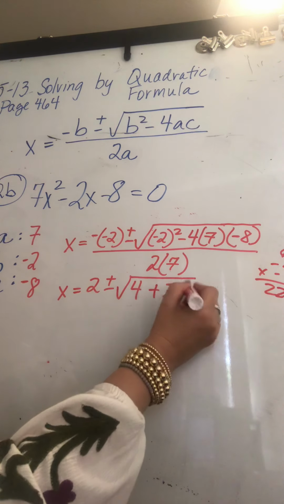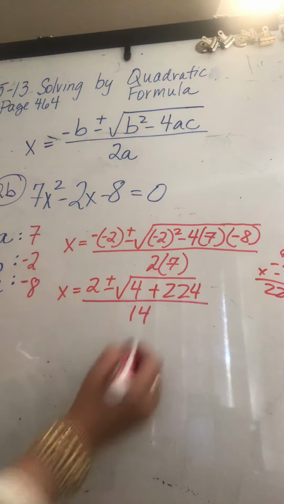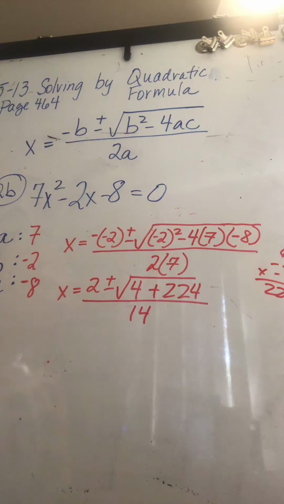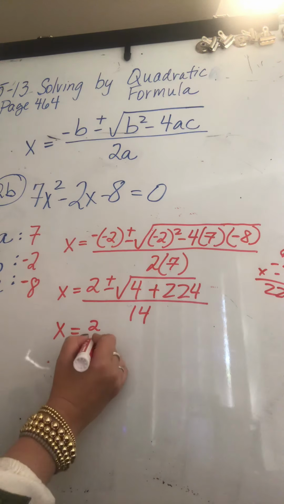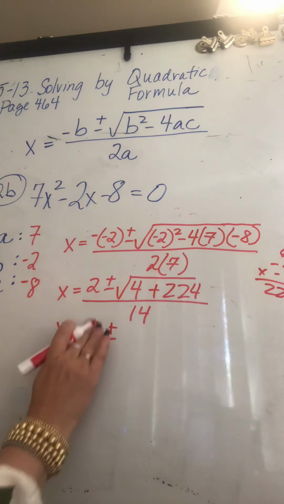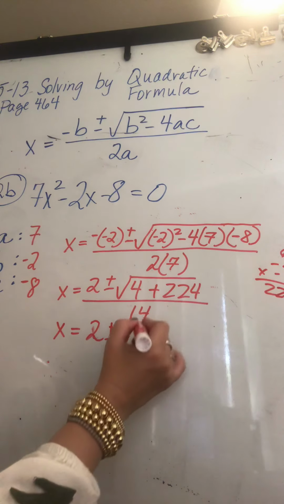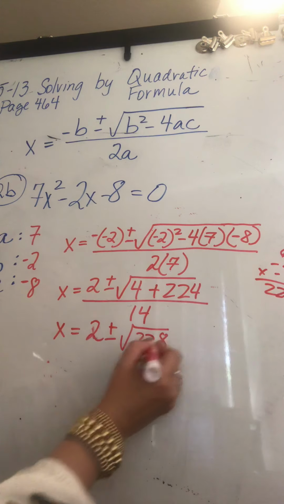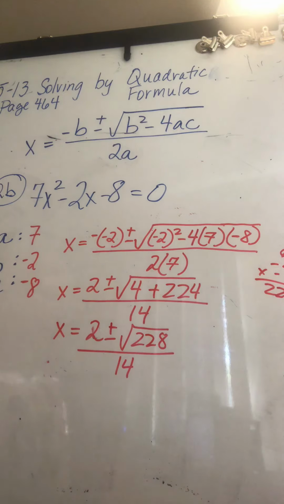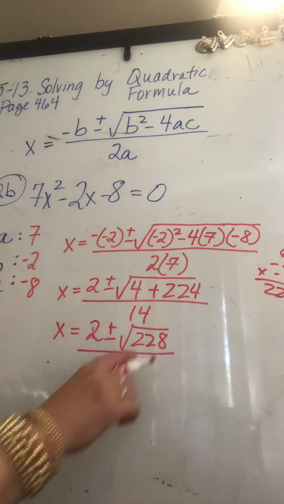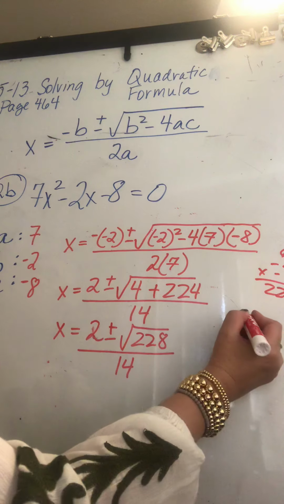So plus or minus the square root of 228 over 14. Now I need to break the 228 down. Let's see what we can do.